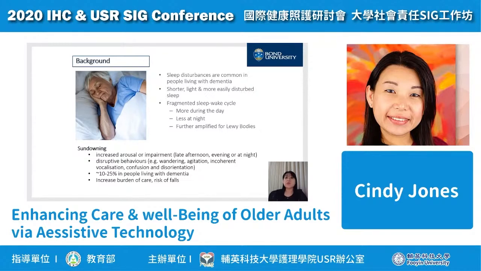Besides experiencing sleep which is shorter, lighter, and more easily disturbed, people living with dementia also have a more fragmented sleep-wake cycle, with more sleep occurring during the day and less at night than healthy older people. Sleep disturbances are further amplified for people living with dementia with Lewy bodies, further to the alteration in the circadian regulation of sleep and changes in the duration and maintenance of sleep.